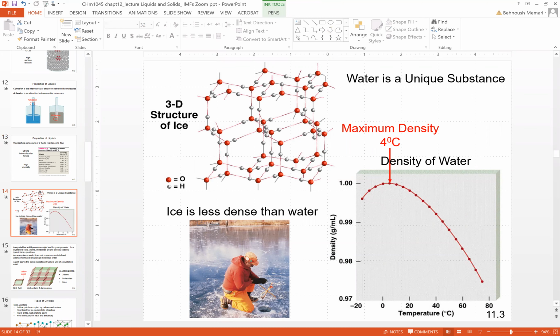Hydrogen bonding in water affects the properties of the water. If you have water in the solid phase, the dotted lines you have here are hydrogen bonds that become rigid. So if you freeze the water to make ice, the volume increases because of the space trapped between the molecules.